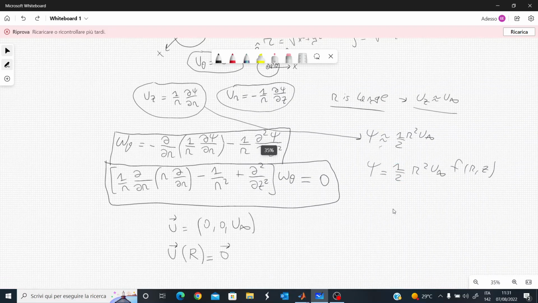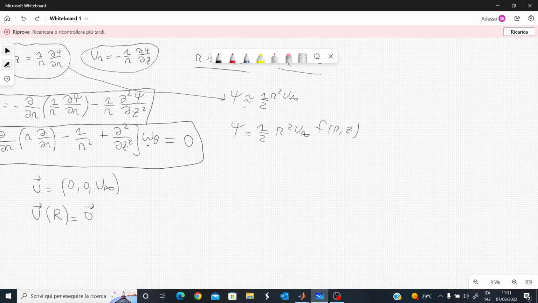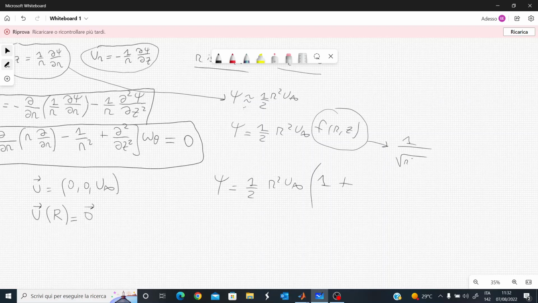And we are going to rewrite f of r,z in this form. So let's write psi equal to 1/2 r squared u infinity, then here we have 1 plus other terms which should go to 0 as r or z are very large. And the most reasonable assumption is that f of r,z can be written in terms of powers of 1 over the square root of r squared plus z squared, where that is the distance from the origin. So in this case, we have this kind of spherical symmetry for this function.